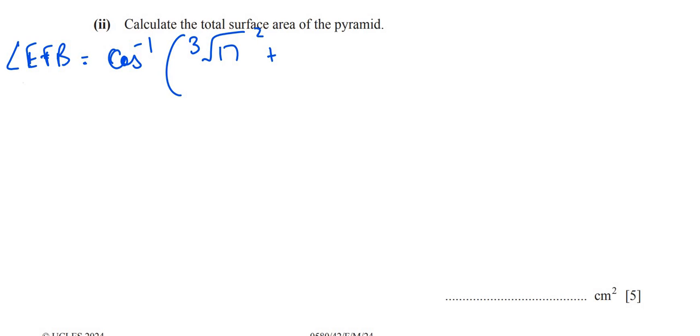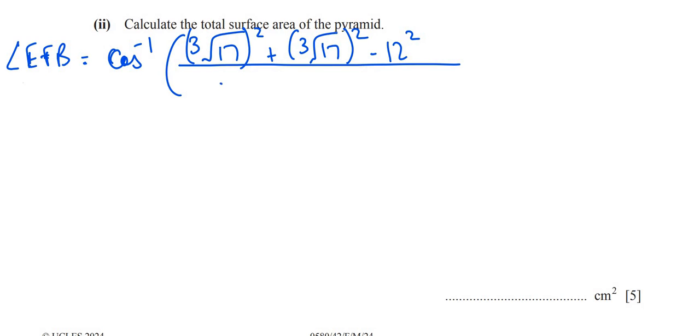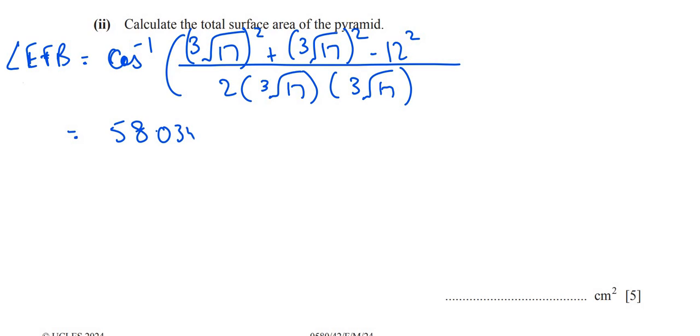So angle EFB is equals to cos inverse of (3 under root 17 square plus, and make sure you close the brackets, plus 3 under root 17 square again minus 12 square) upon 2 multiplied by 3 under root 17, then again 3 under root 17. So you get an angle of 58.0342, which means 58 degrees.